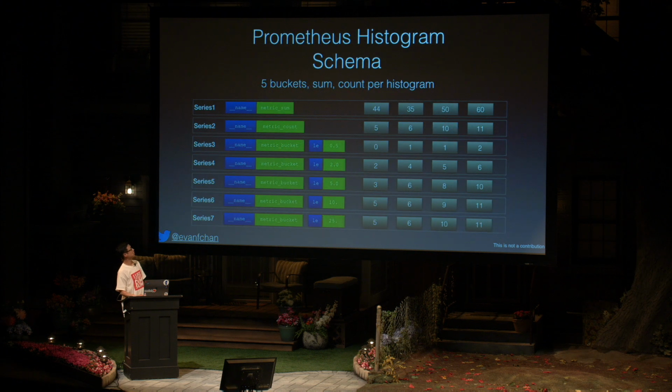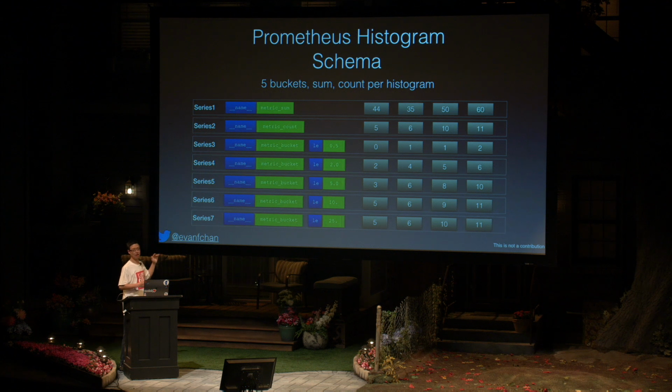If you're using Prometheus, this is how Prometheus models histograms. First of all, you have a sum time series, which is a running sum of the values captured. Then you have a count, or how many values were captured during the time. And then you have a time series for each bucket.